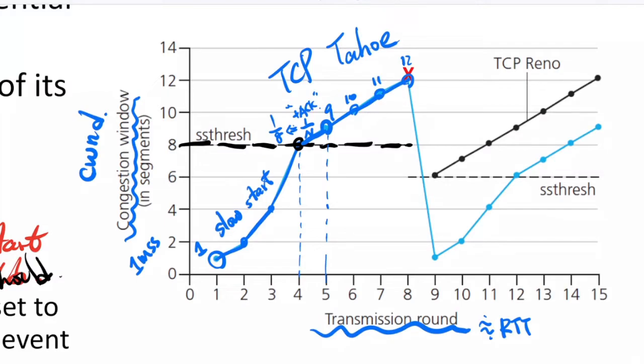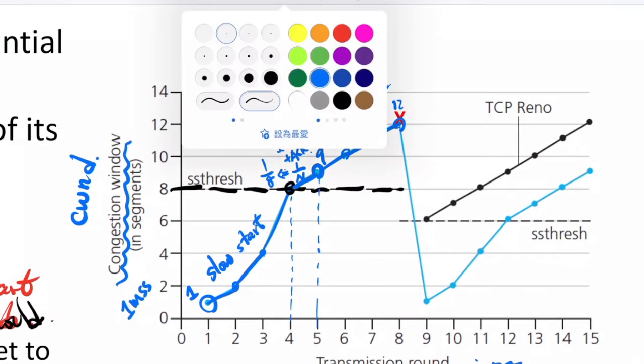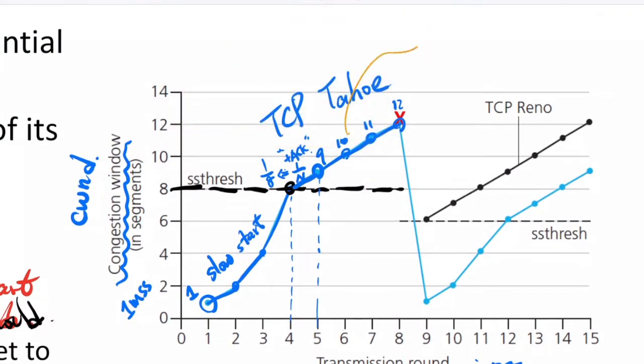So at that moment, the increase will be linear, right? In this part, it will be linear, compared to the slow start part, which is exponential.